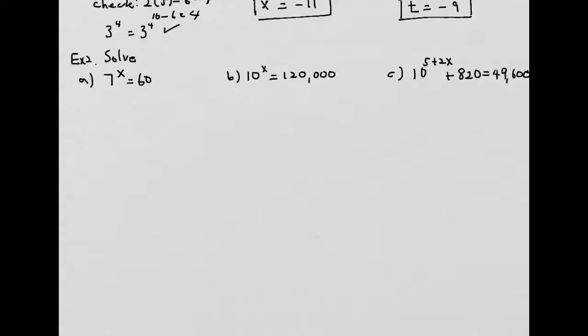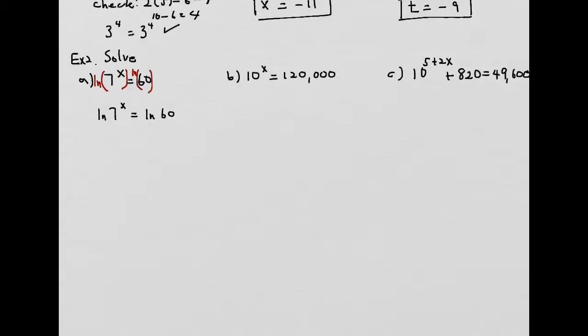So I'm going to apply the natural logarithm to both sides. This side, I will take the natural logarithm, and I will take the natural logarithm of the other side. Then what I have is ln 7^x equals ln 60. The reason I use the natural logarithm is because of the power rule.